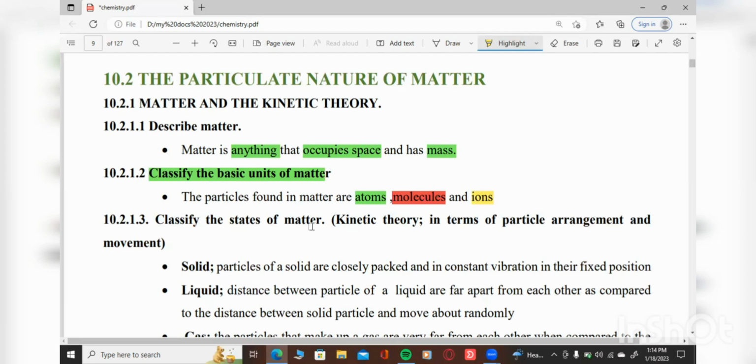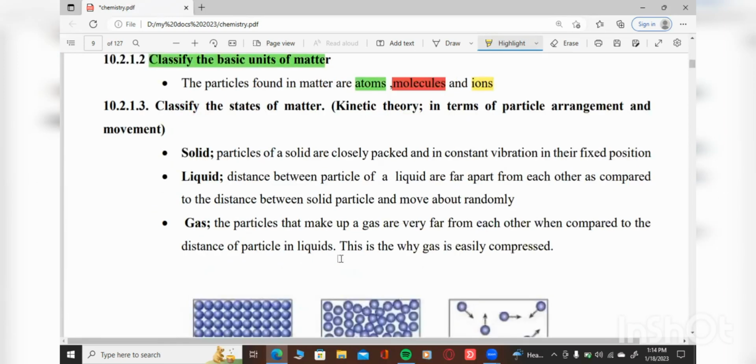Now let's try to clarify the states of matter. Let's look at the kinetic theory in terms of how the particles are arranged and how they move. We are going to start with solids.